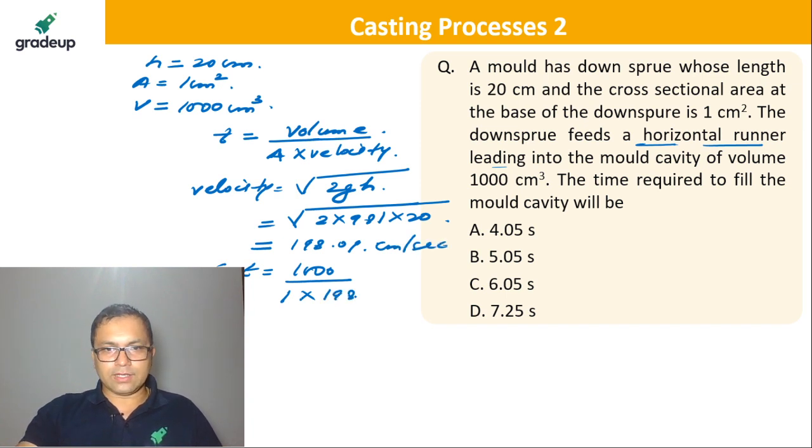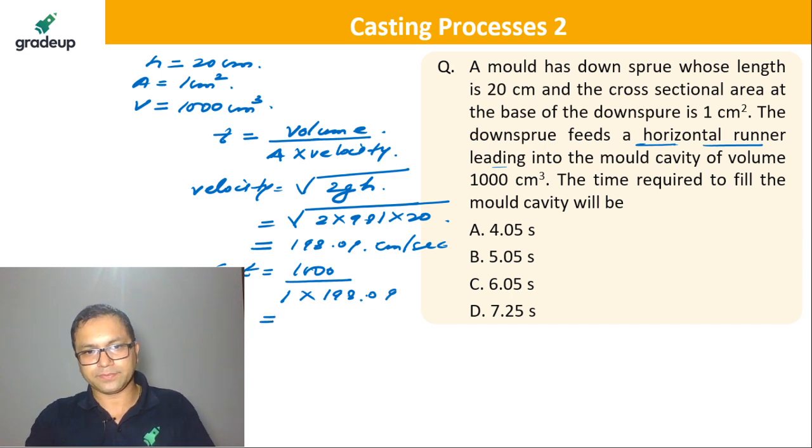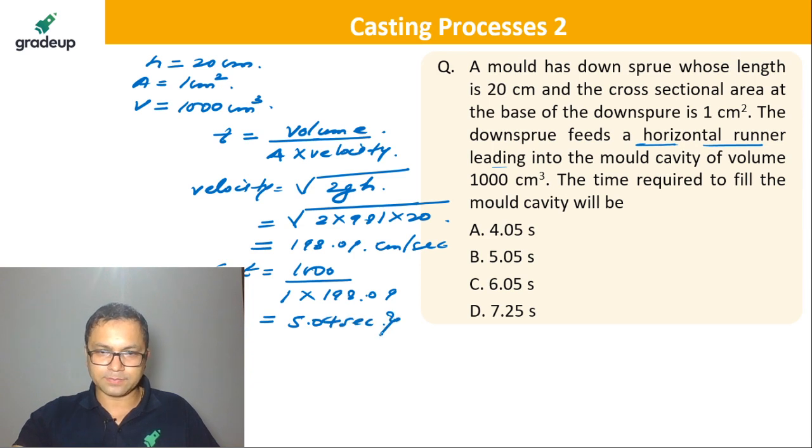So 198.09. So how much are we getting this? 1000 upon 198.09. So that's 5.04, right? Exactly, guys. Good. So 5.04 seconds.